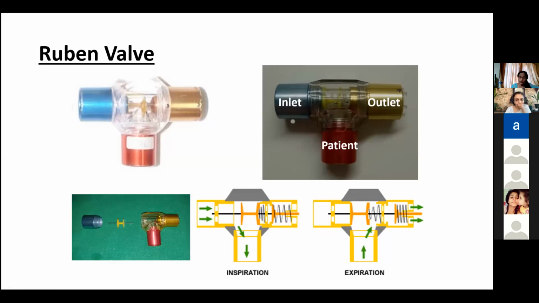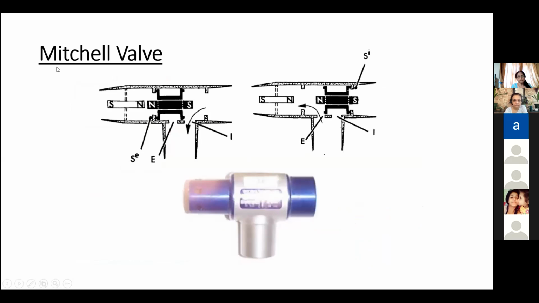What is backward leak? If this does not close this portion, then during exhalation, most of the gases will go out, but part of them can go back. Because if this is incompetent, that is called backward leak. Every valve has a forward leak and a backward leak. You must know the importance of forward and backward leak.